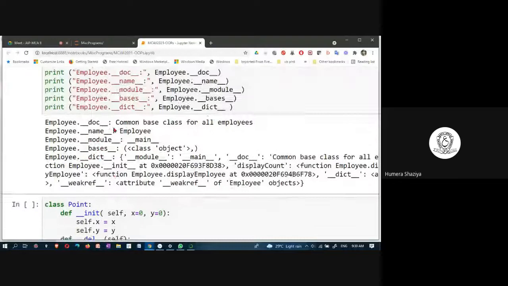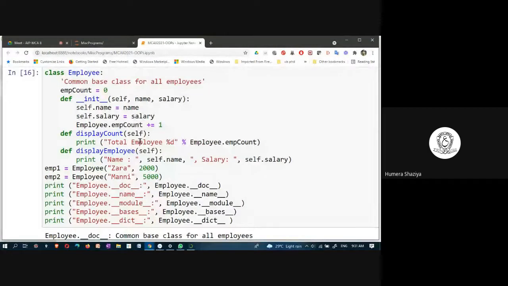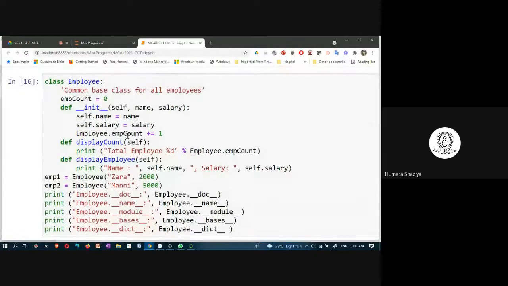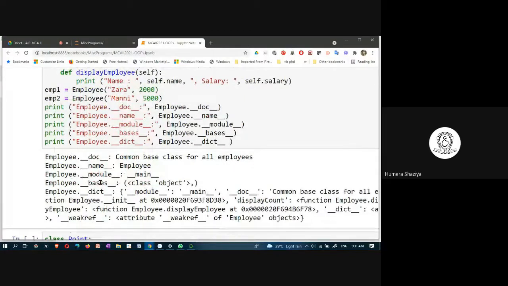Then in which module does it belong? It is belonging to the main module, because we are doing it in Jupyter Notebook, and this is a cell, not a program. If you use PyCharm and save this with .py, you get that name. Here it is main.